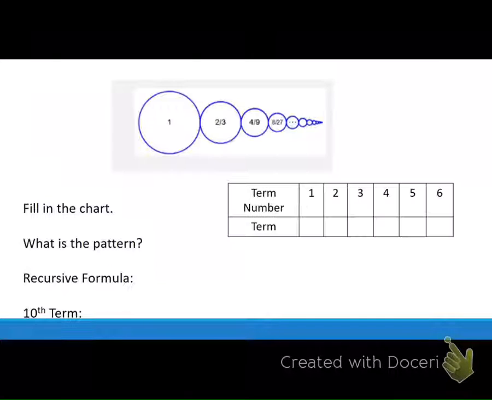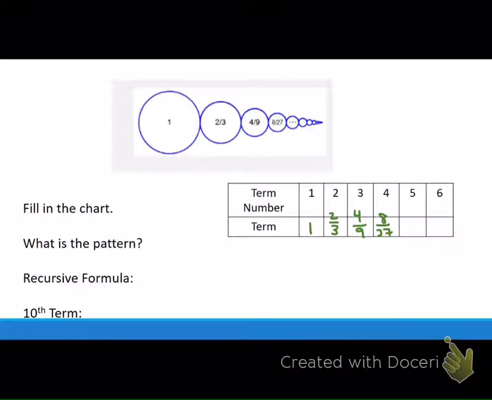All right, next one. Let's fill in the table. Just tell me the number that's in the middle of it. This is a hard one to see what the growth factor is, right? Or decay factor. What did I teach you guys how to do on Monday?